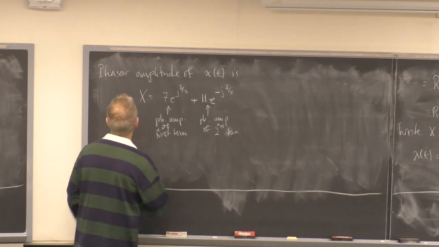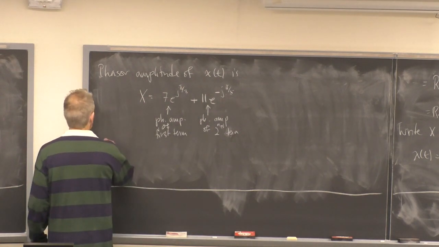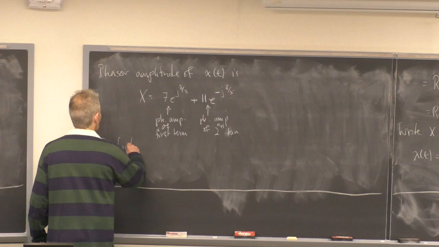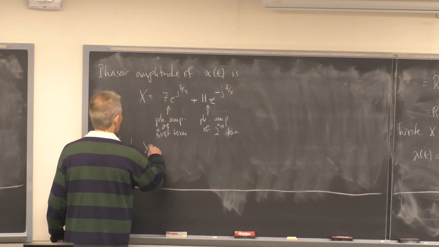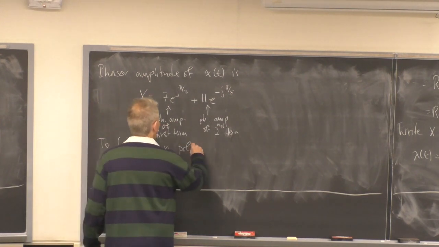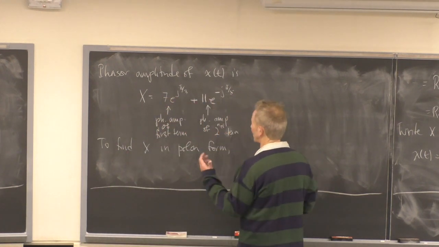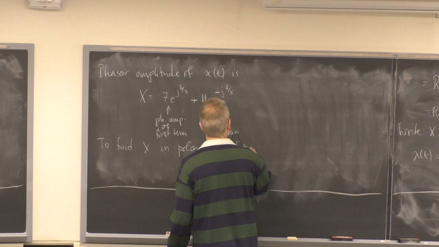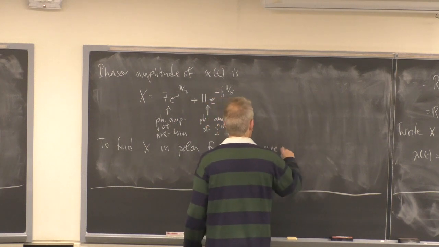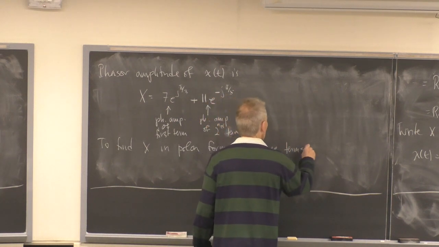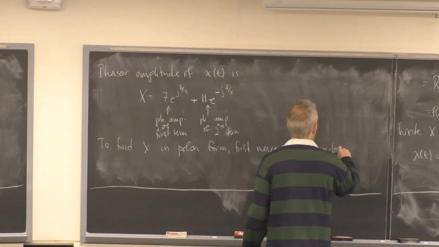And so in general, what we're going to end up doing is find x in polar form. Generally, what we're going to have to do is assemble these together first in rectangular form. So first, merge the terms in rectangular form.